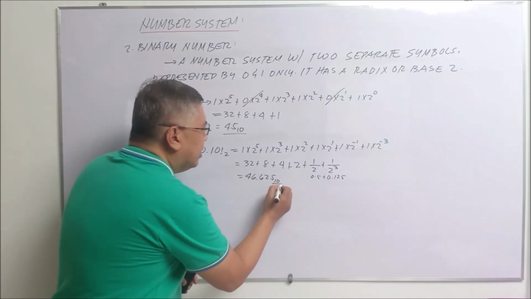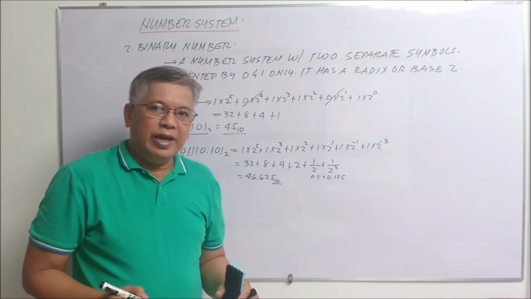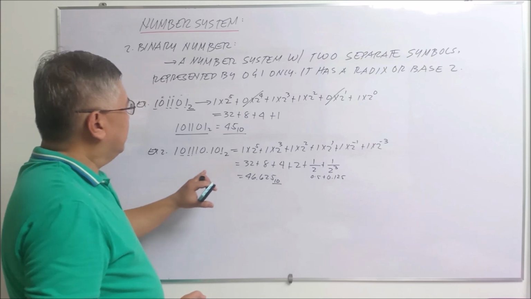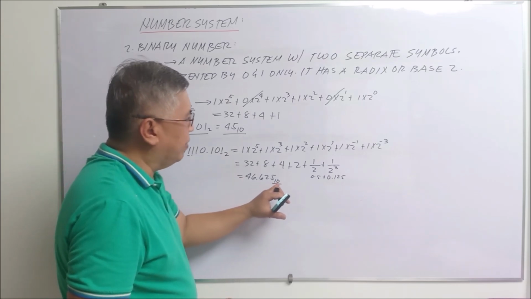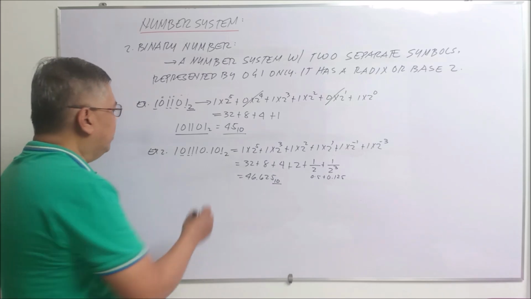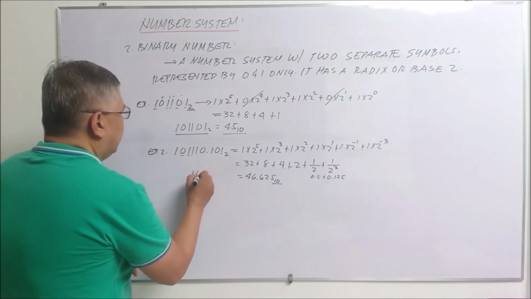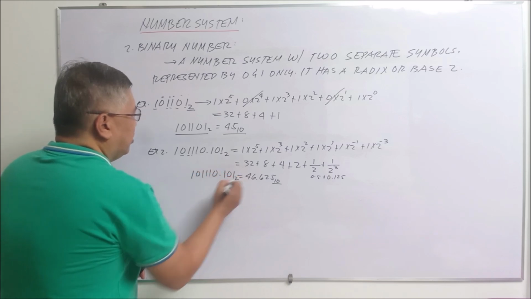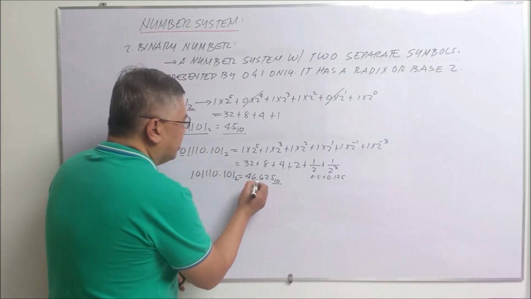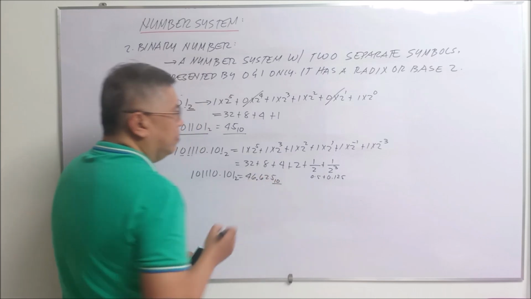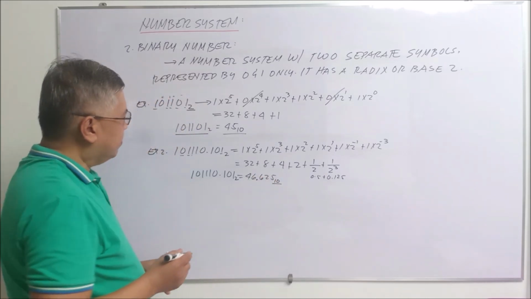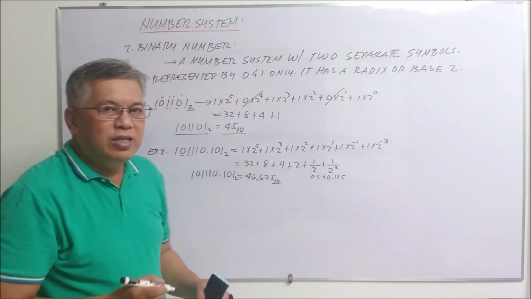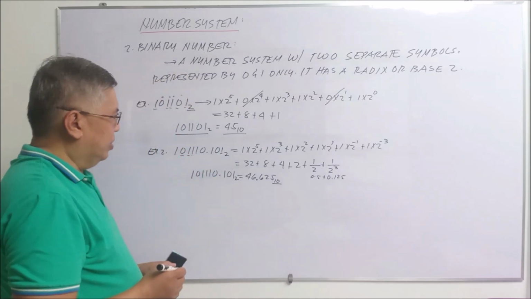Again, it's now in base 10. So in other words, this value, 101110.101 of base 2, is equivalent to 46.625 of base 10. Again, this one is called the binary point, and this one is called the decimal point. So take note of that.